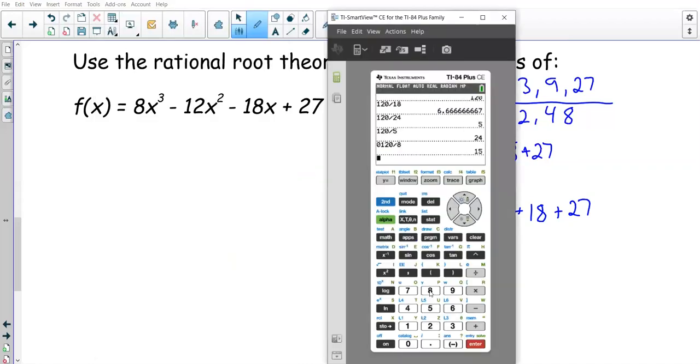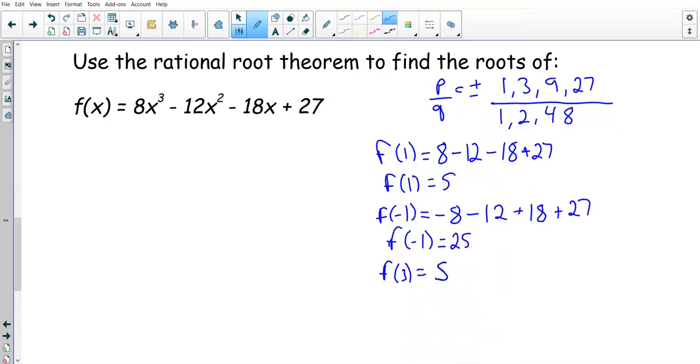So I'm going to have 8 times 3 cubed minus 12 times 3 squared minus 18 times 3 plus 27. That gives me 81, so that's no good.